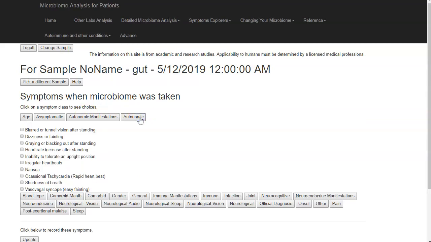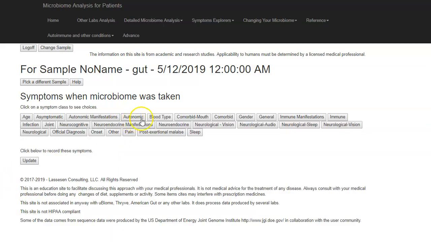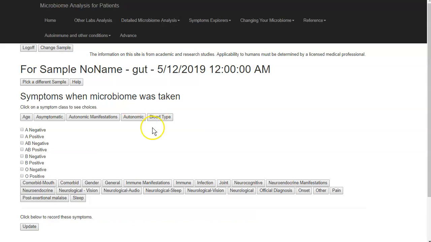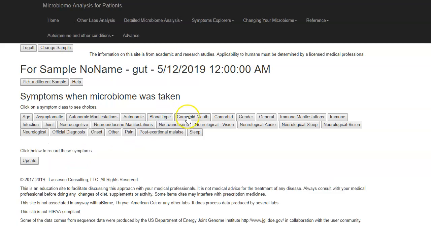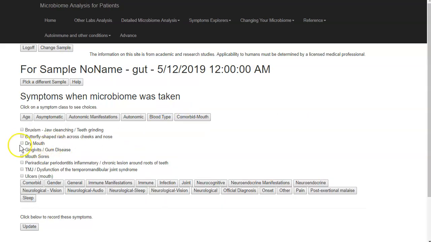Anything there? Shortness of breath occasionally. Blood type. I think I'm O positive. Mark that. Cold, morbid mouth. I do have a tendency towards dry mouth.